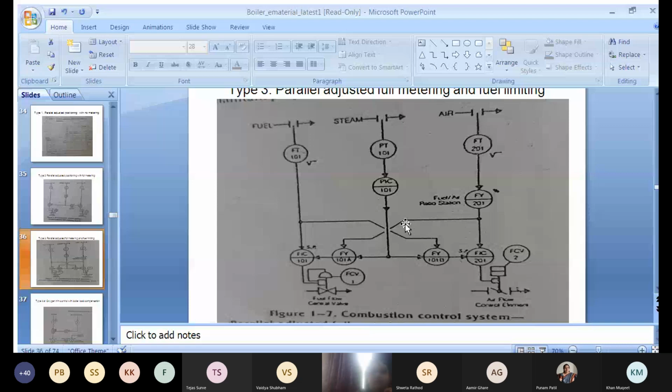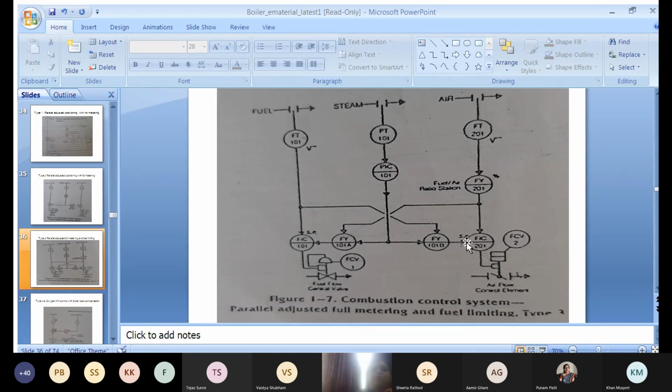In type 3, we are going to measure these 3 parameters and control these 2 control valves. Along with that, we are going to add one thing, that is fuel limiting.